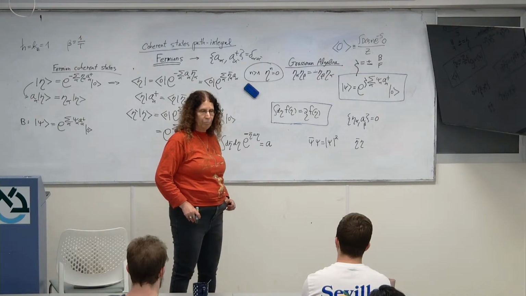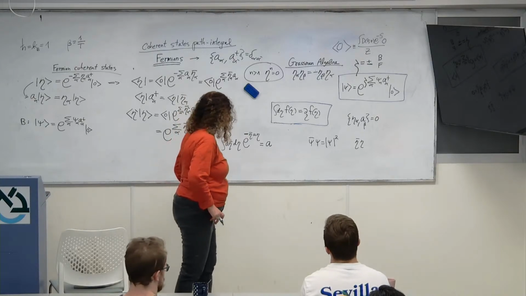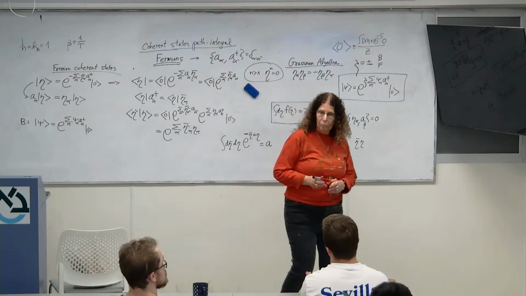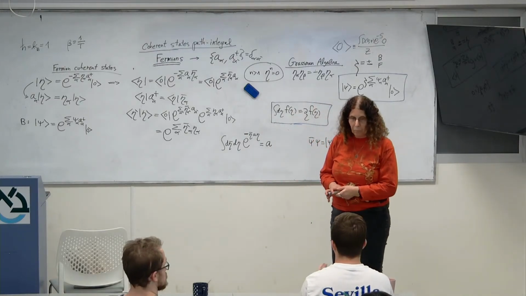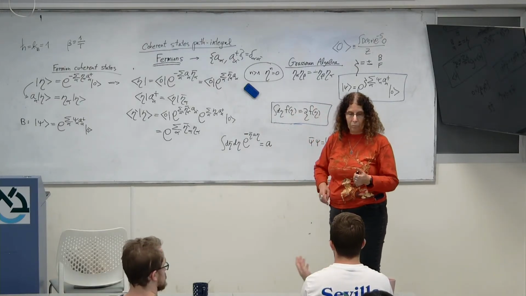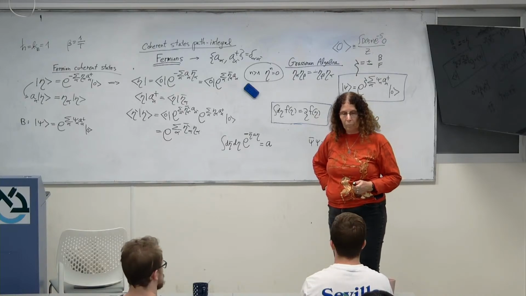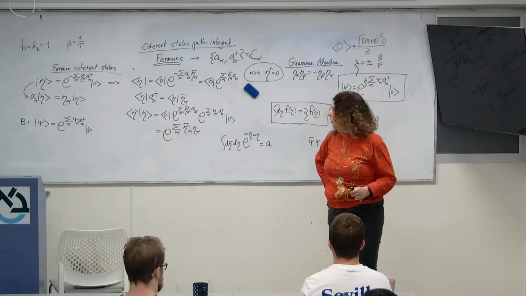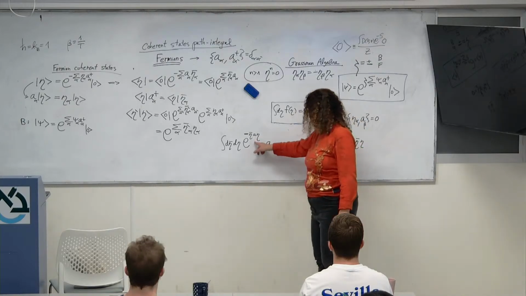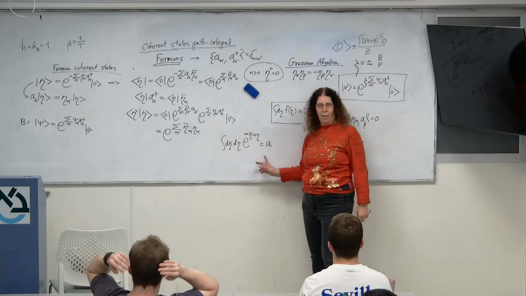Yes, because it's 0, that's right. But you say that's just the same as the complex conjugate we define for complex numbers? No, actually not, because notice what I wrote here.